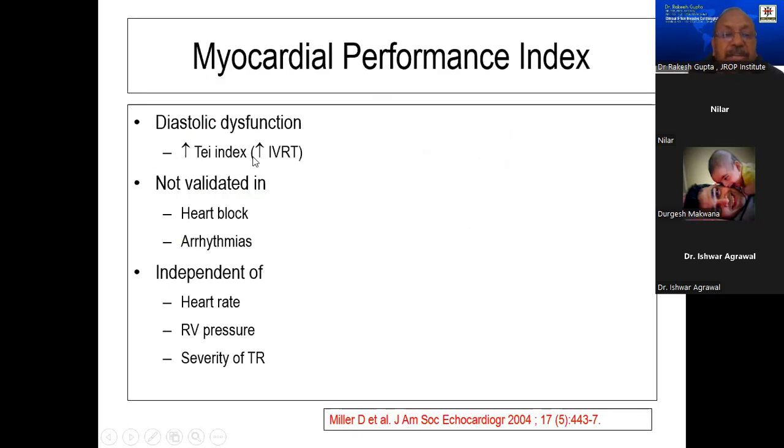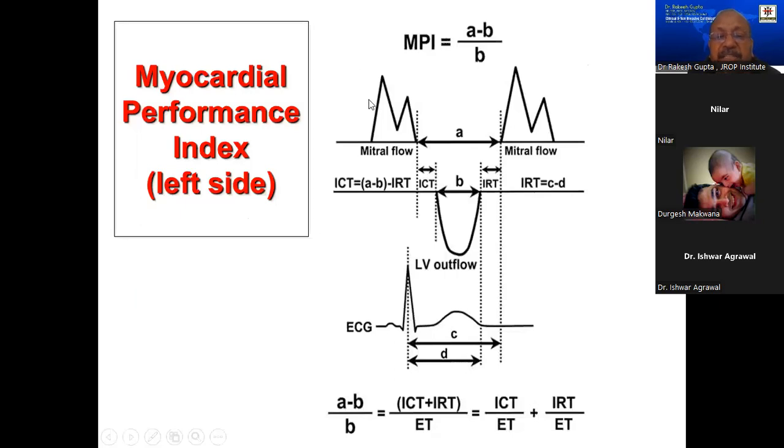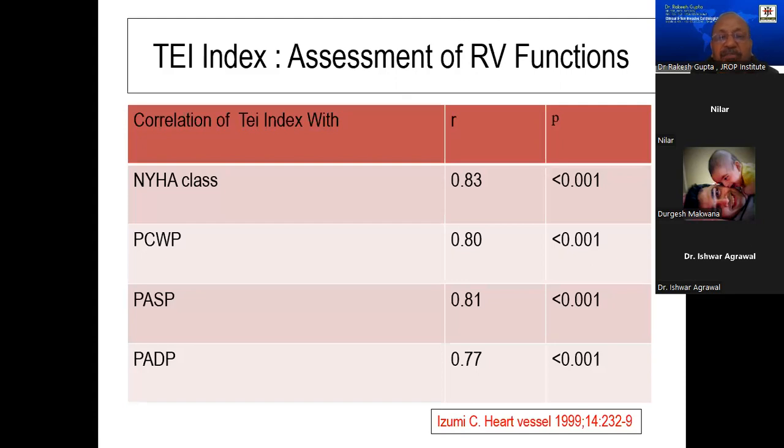If you do the same thing on the right-hand side, what do you do on the right-hand side is tricuspid valve opening and closing time, and then pulmonary artery ejection time, and that is A minus B divided by B will give you a right-sided myocardial performance index, what we call the Tei index, or looking at the function of the RV.